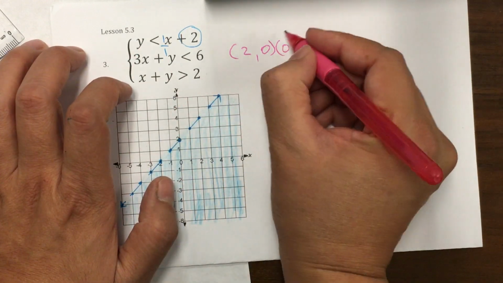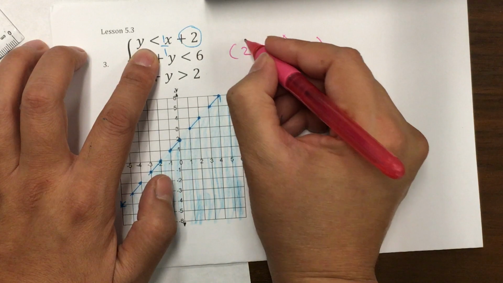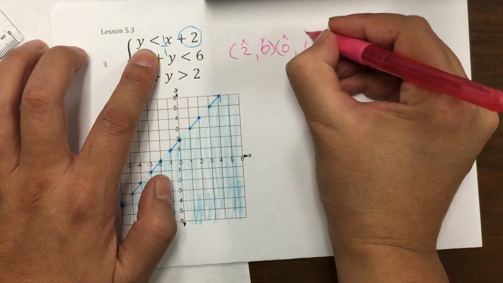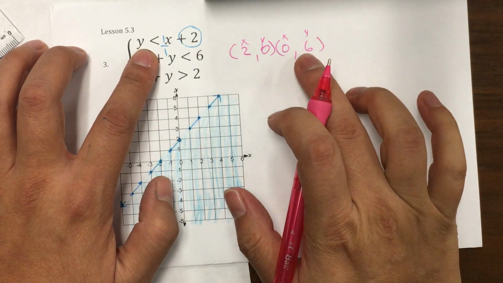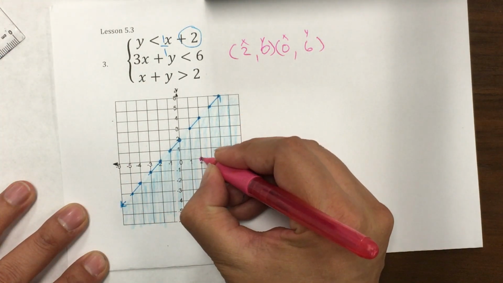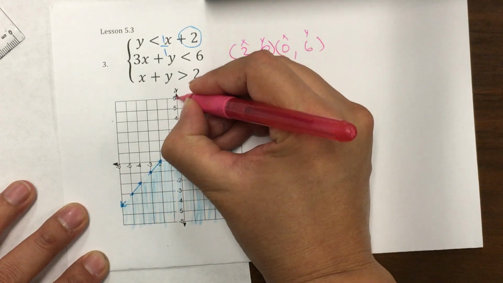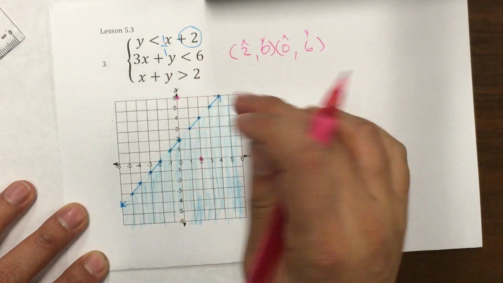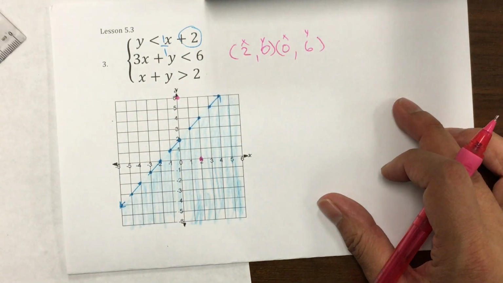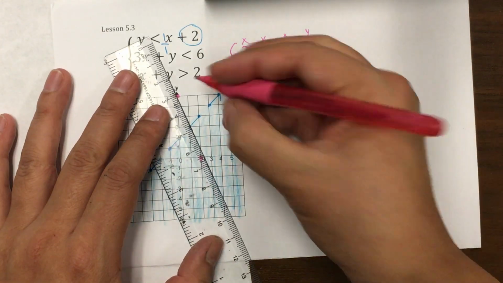When x is 0, y will be equal to 6. That's my y-intercept. And so I have 2 for x, 6 for y. The second step is to decide what type of line. So it's going to be a broken line again.